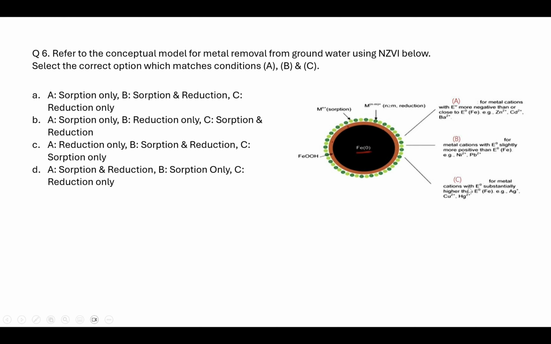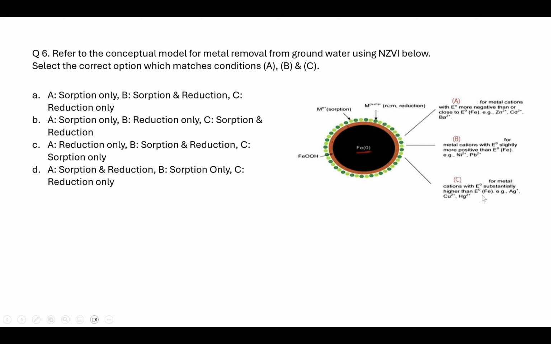And last is for metal cations with E naught substantially higher than E naught of iron. We have examples of heavy metals like silver, copper, and mercury. These have E naught values very much higher than iron. So whatever electrons are given out during oxidation of iron, those electrons will be accepted by these metals, and they will be converted to the reduced form and can be removed.